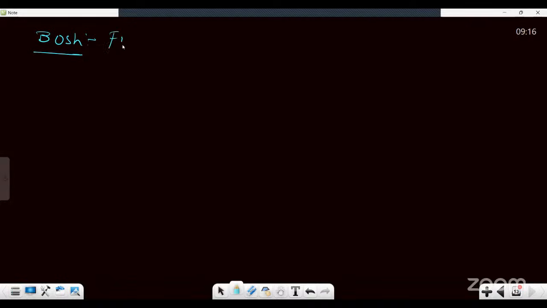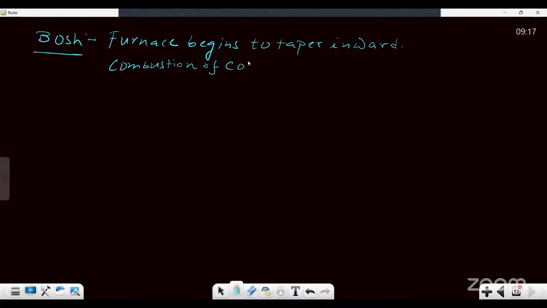So the furnace begins to taper inward, and combustion of coke takes place here. Whatever coke we are charging, the combustion of the coke is going to take place in this region.